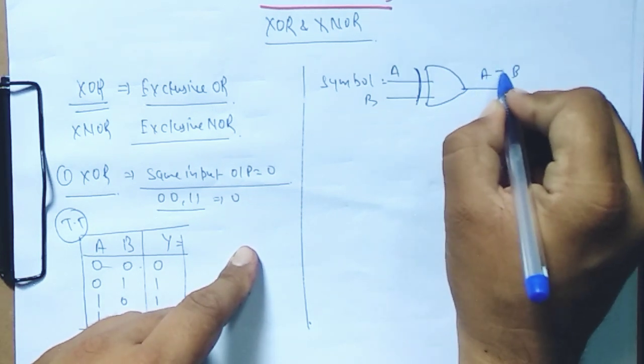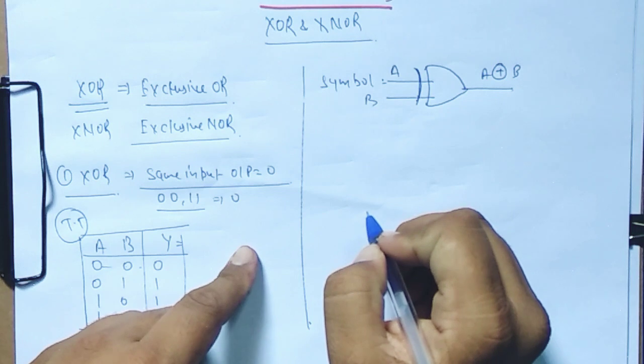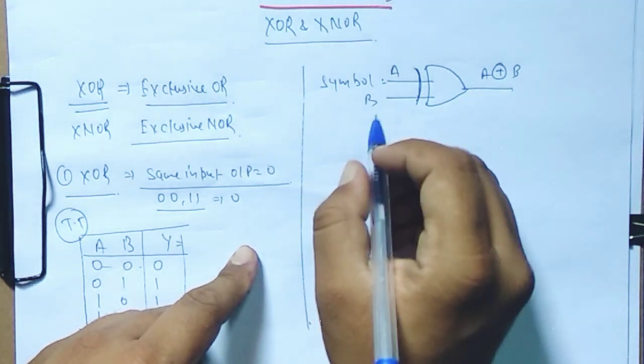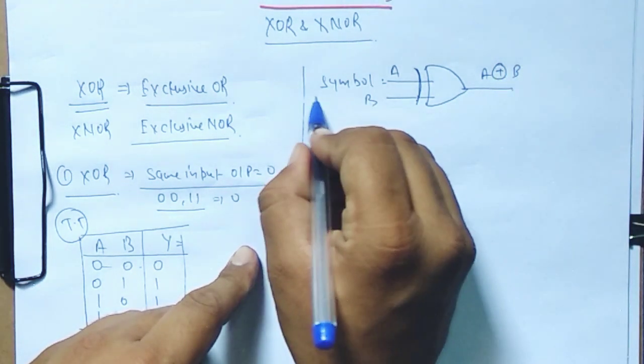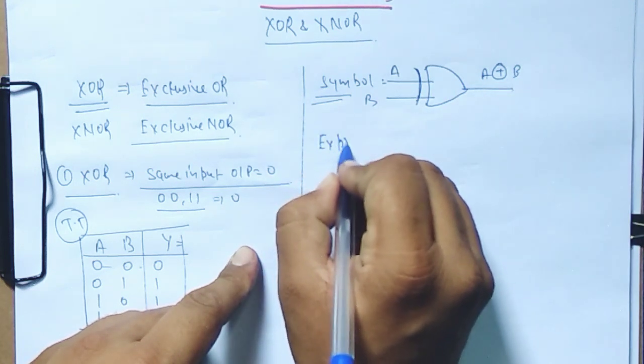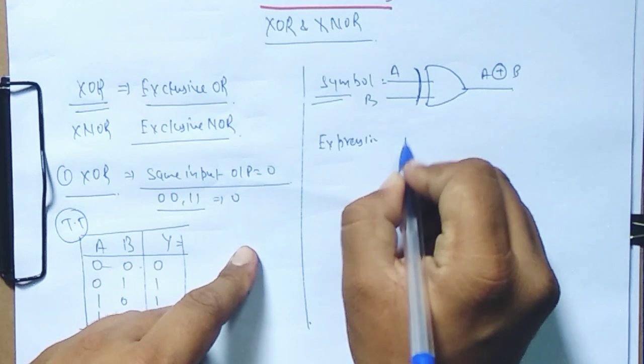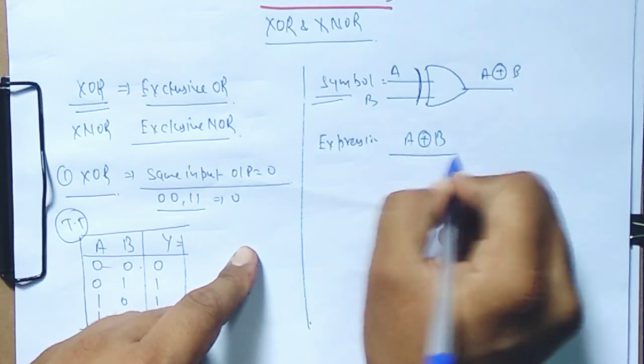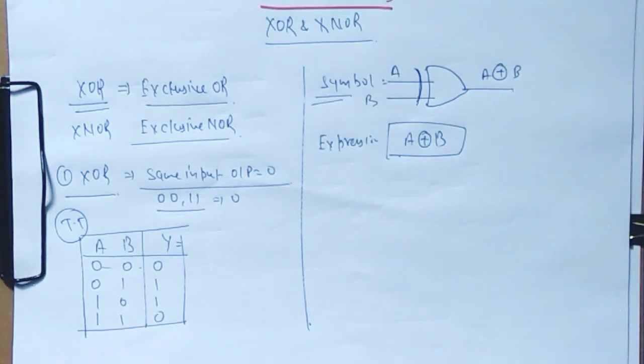A, B, plus and circle. So this is the symbol, and the expression will be A ⊕ B. This is the XOR gate.